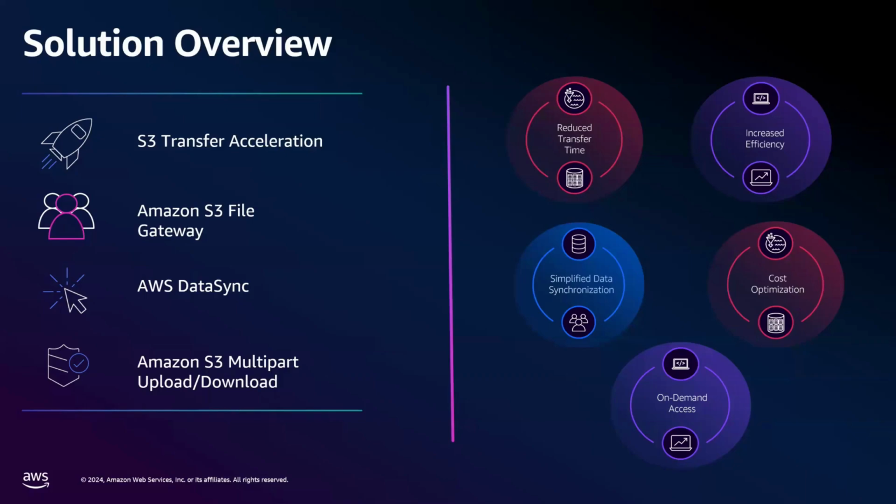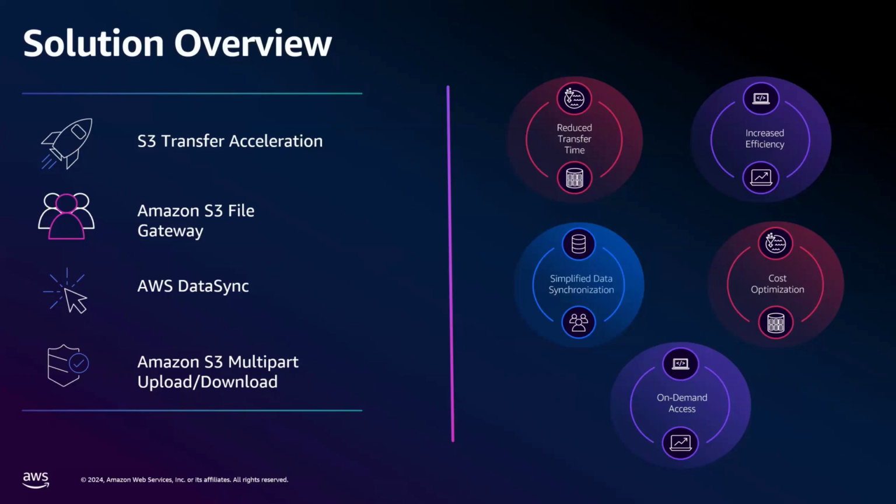They deployed AWS S3 File Gateway at their on-premise location, allowing the team to access S3 files as if they were local, which facilitated seamless uploads and retrievals through standard file protocols like NFS and SMB.